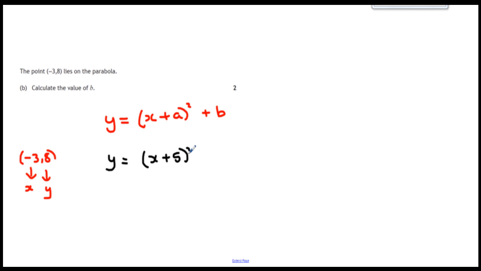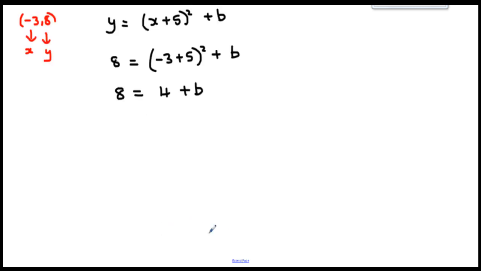Right, we're now going to put in the y coordinate is 8, so 8 is equal to x is -3, so it's (-3 plus 5) all squared plus this value b. In maths, always do your brackets first, so 8 is equal to -3 plus 5 is 2, 2 squared is 4, so to work out what b is, I know from that 4 plus b, reading it round the other way, is equal to 8, so therefore b is equal to 8 take away 4, which is equal to 4.